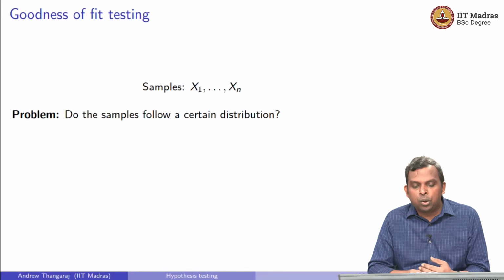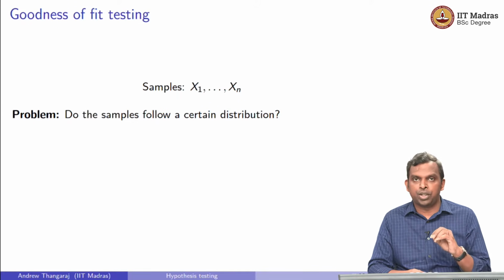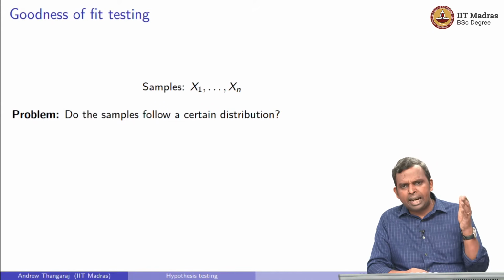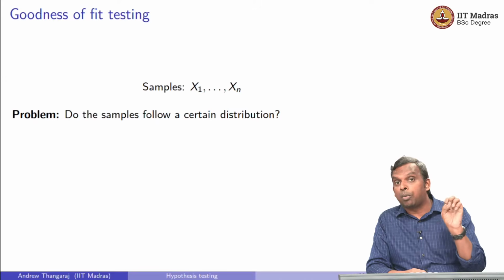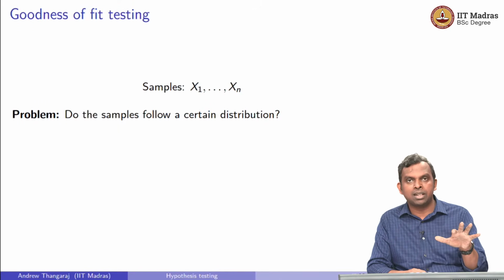You have samples, and I want to know if the samples follow a certain distribution. We already saw this before when we did parameter testing. You're given data, and I want to fit the data to a Poisson distribution, or a geometric distribution, or a gamma distribution. How did we assess goodness of fit?